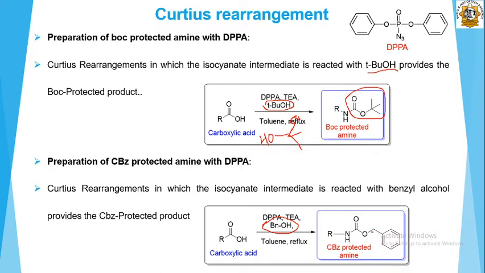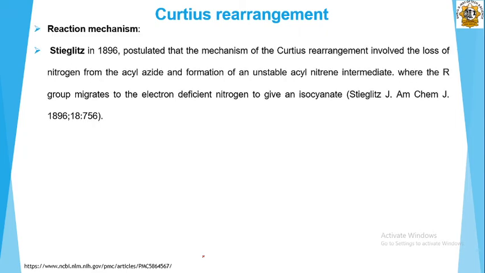You have to use another solvent, or you can mix them, and in this case you have to use almost 50%, but here you can use 2 to 3 equivalents of benzyl alcohol, then you will get the Cbz protected amine.